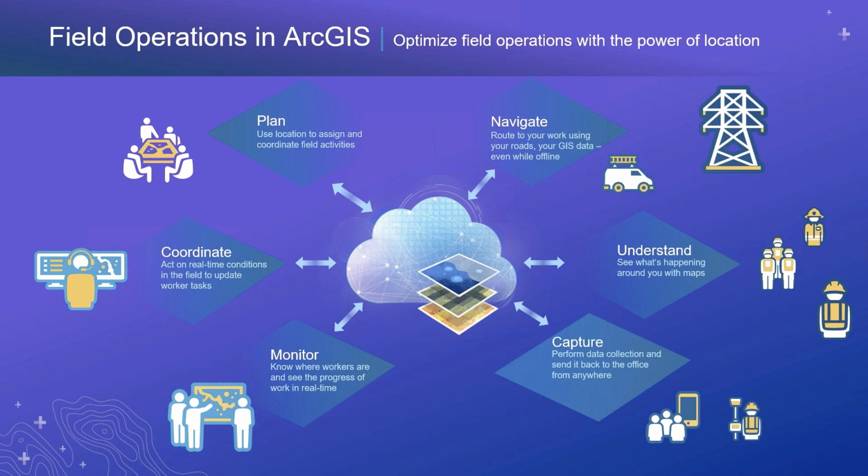So that's really the goal: not only how do we capture all of that productivity that's occurring in the field, but how do we bring it back and allow you to be more productive in terms of your own operations and your ability to utilize that information to make better decisions.